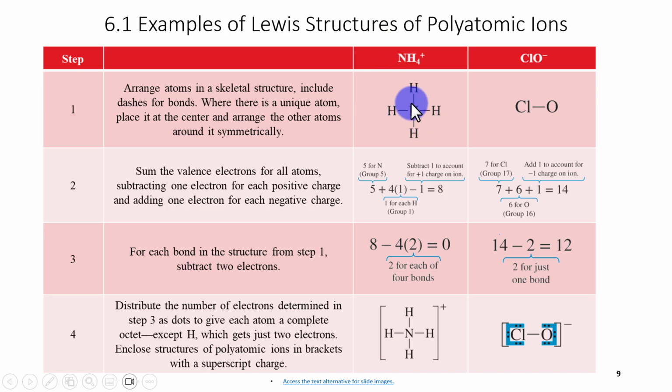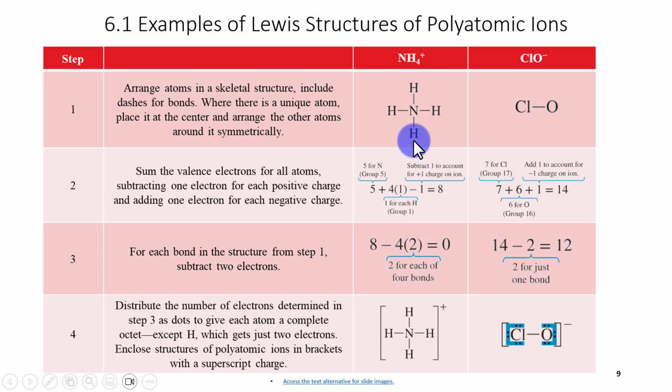I have nitrogen in the middle because that's the least number of atoms that I have. I have 1 of these and 4 of these, so I put nitrogen in the middle. Plus, we know that hydrogen is always a terminal atom, so hydrogen goes on the outside. And then this is a diatomic molecule, pretty simple. I have the chlorine bonded to the oxygen.